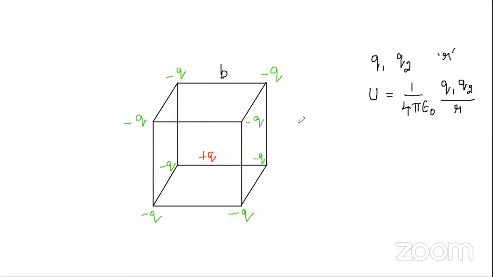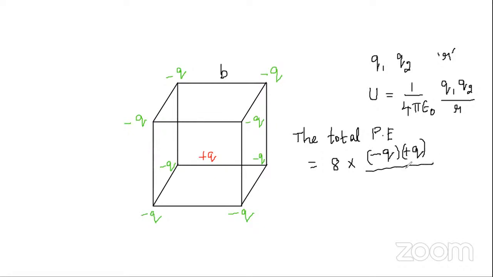So since you are having 8 pairs, the total potential energy for our case is 8 into minus Q into plus Q, divided by 4 pi into epsilon 0 into R. R is the distance between plus Q and minus Q. Since this plus Q is located at the center of the cube, you will be having a body diagonal.